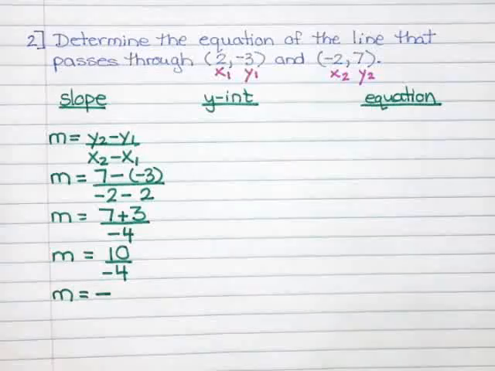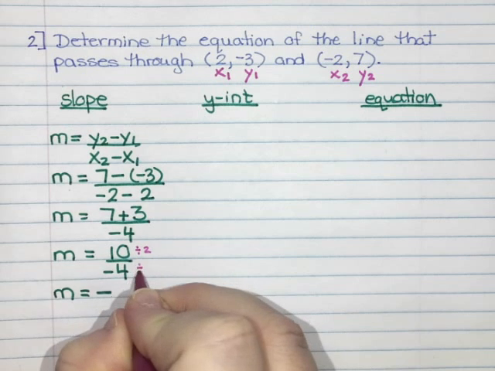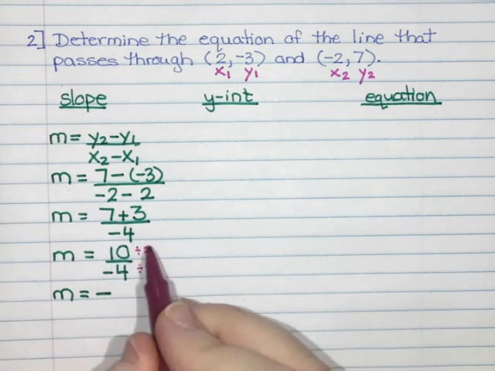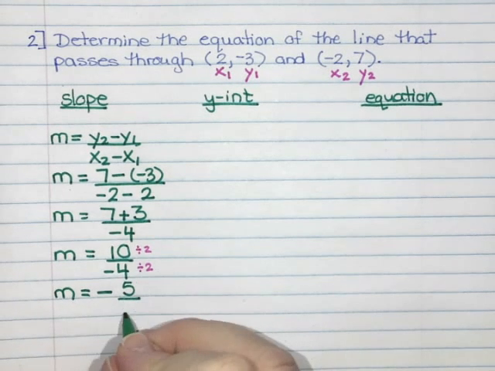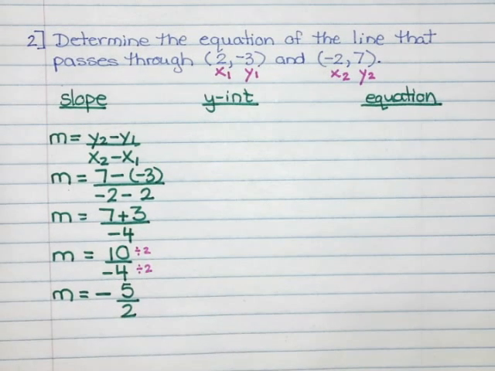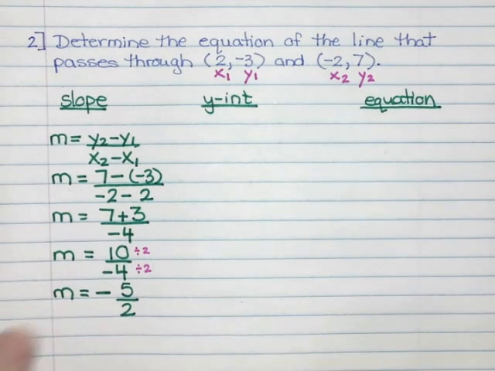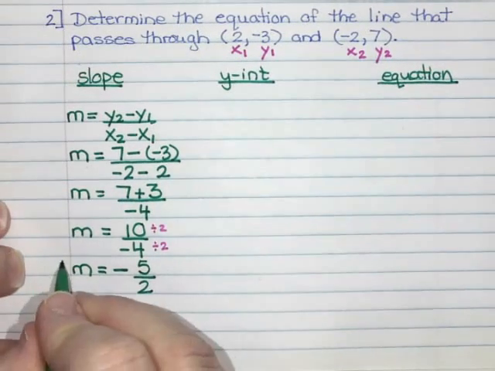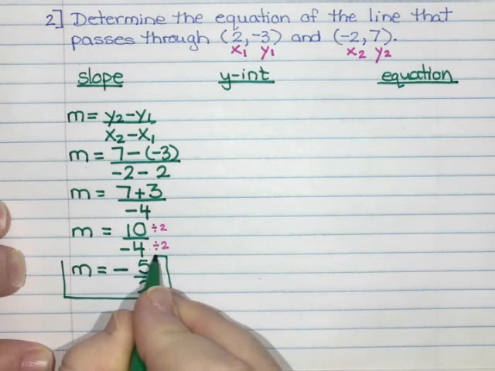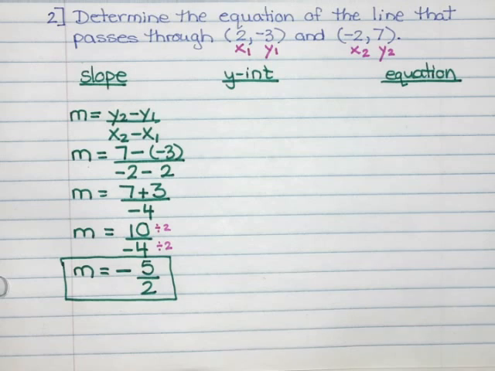Then 10 and 4 are both even numbers, so they should both divide by 2. 10 divided by 2 is 5, and 4 divided by 2 is 2. I didn't worry about the negative because I already dealt with that when I noted it was a positive divided by a negative. So my overall slope is -5/2. Okay, that's my slope done.